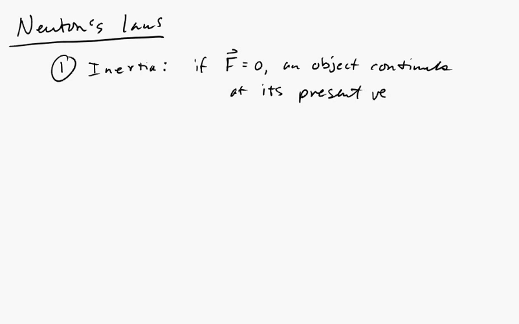You may have heard objects in motion tend to stay in motion, or objects at rest tend to stay at rest. This is what it means. If there are no forces acting on it, if the total forces are 0 like this, an object continues at its velocity. So if it's at rest, it stays at rest.